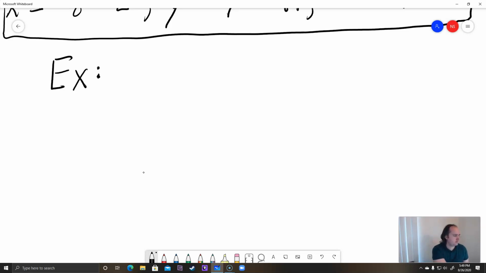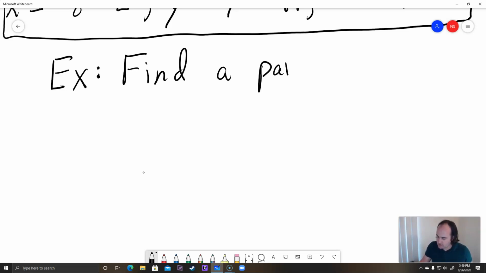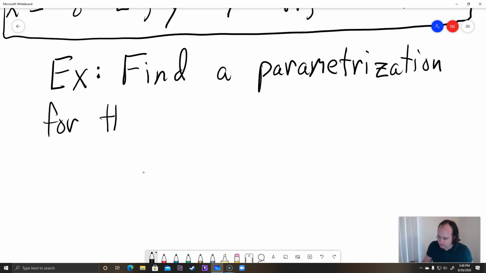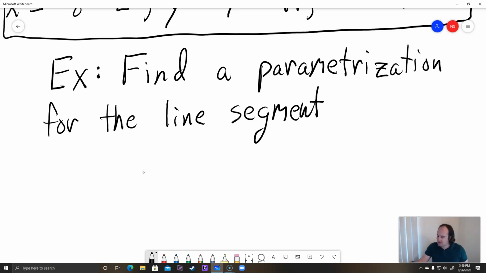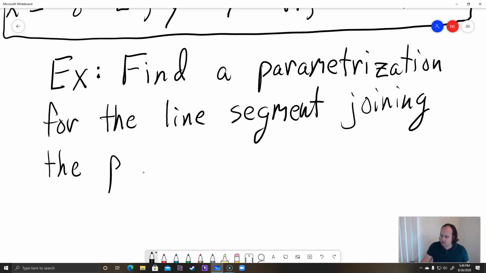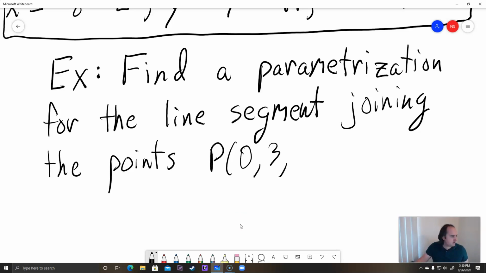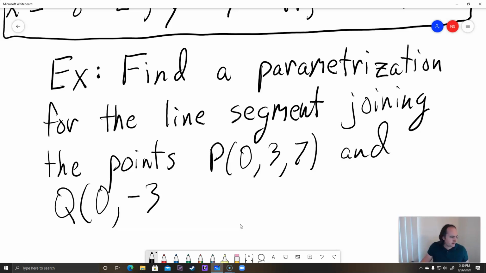Example. Find a parameterization for the line segment joining the points P and Q, where point P is (0, 3, 7) and point Q is (0, -3, 7).